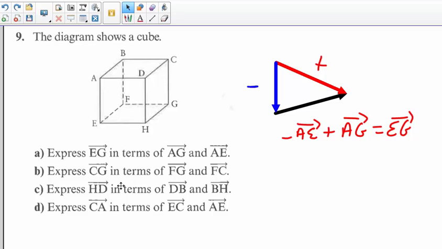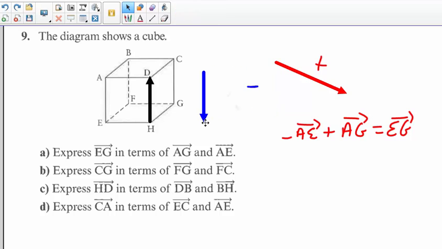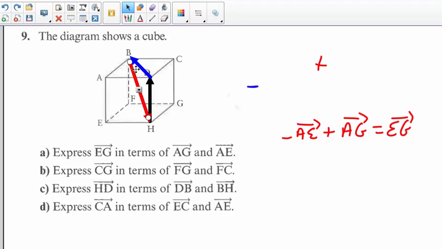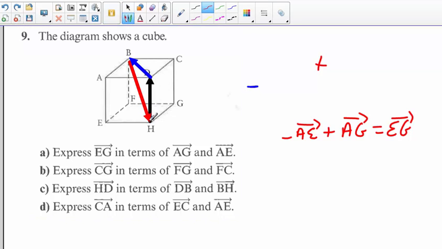Let's pick another one here, HD. So it's kind of 3D coming back at me, but once it's drawn, it's not going to be too bad. So now we have D to B and B to H, and I want to get the result of H to D. And so really what I want is to start down here, follow this path, then follow this path.